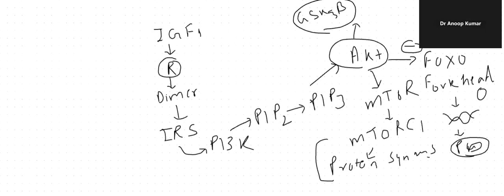So how does it happen? It's a little bit different from FOXO, because when AKT is activated, AKT phosphorylates GSK3 beta, and after phosphorylation, its function is inhibited.